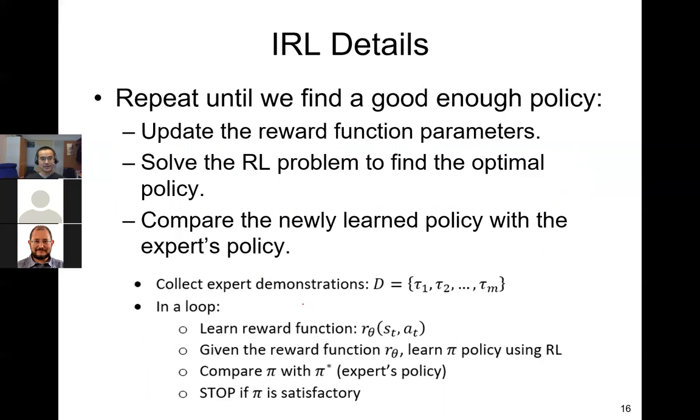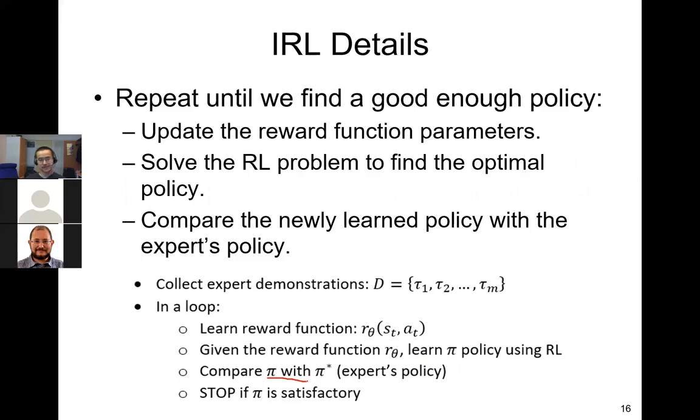Collect expert demonstrations, learn a reward function, and given the reward function, learn a policy using reinforcement learning. Then compare the learned policy pi with pi star, the expert policy, and stop if pi is satisfactory, that is, close enough to pi star. Otherwise, you go back and relearn a new reward function. Your eventual goal is to approach pi star with pi.